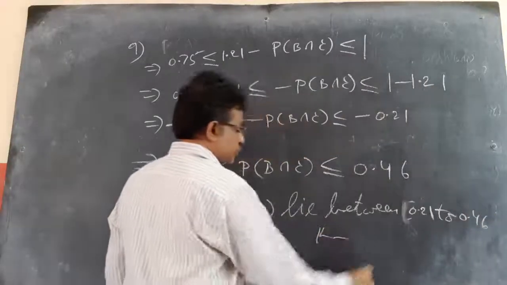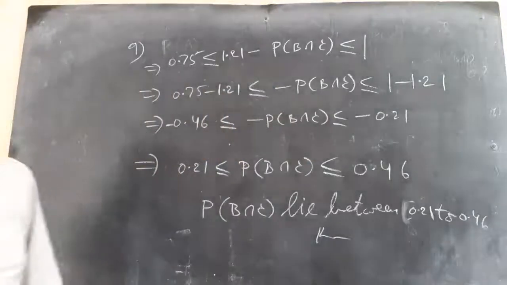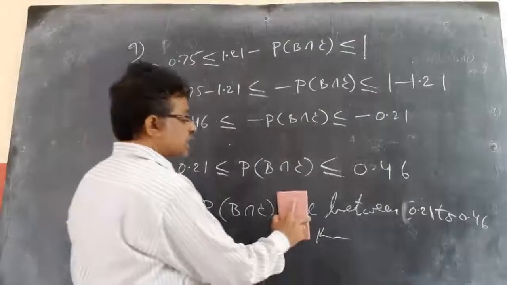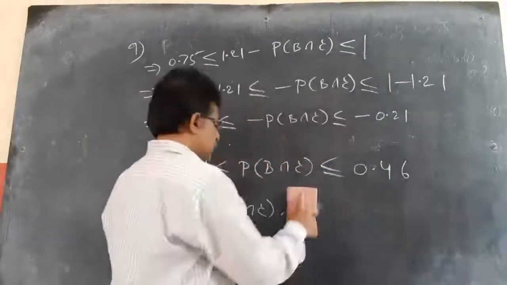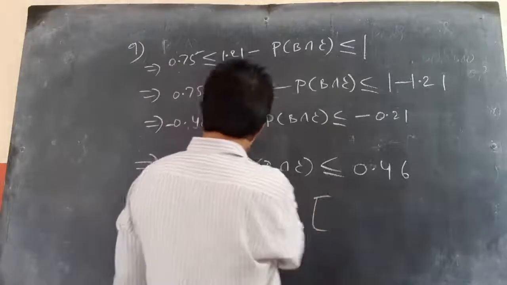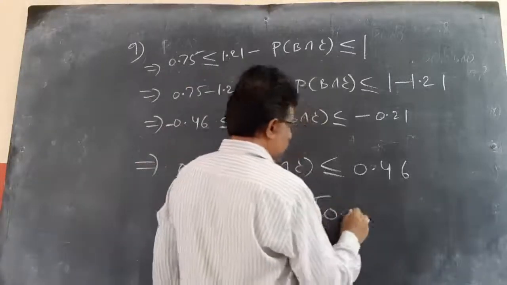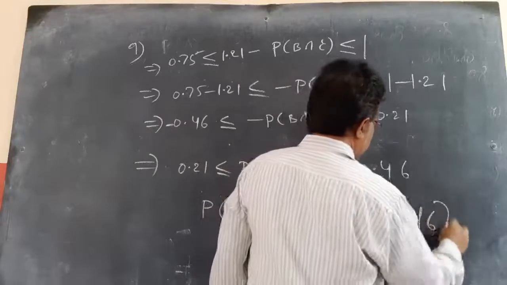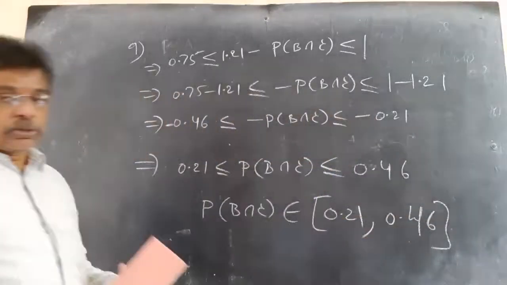Hence proved. This only we will write; we can represent it like this instead of writing all. You can simply represent it as belongs to, includes 0.21, 0.46. So it lies between, including those two values.